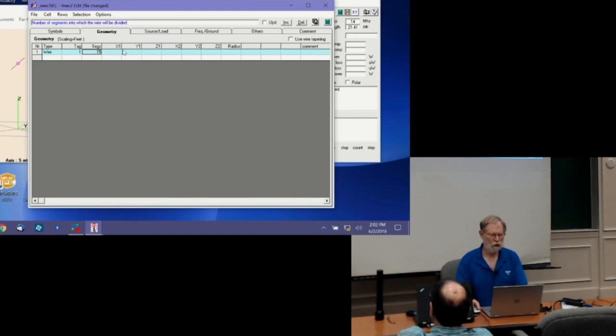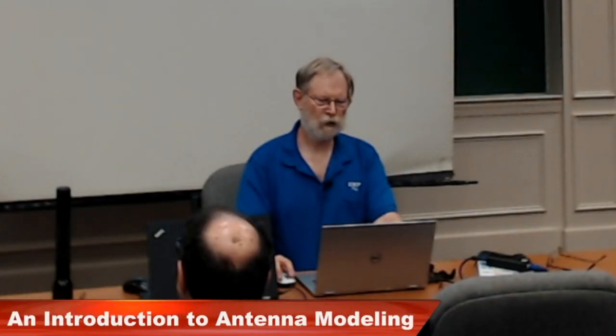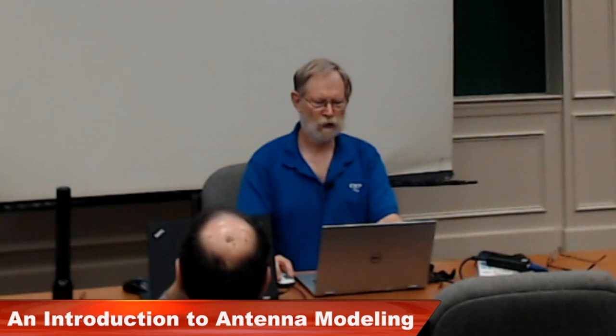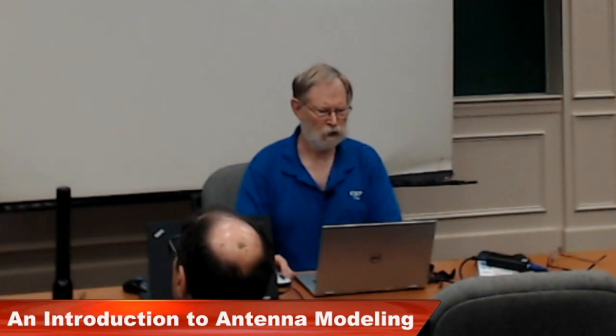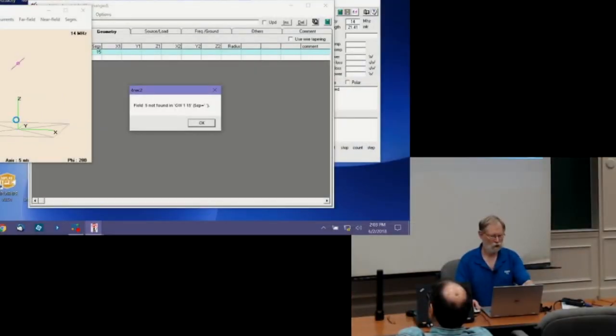And basically this is the coordinates in 3 dimensions of one end of this tag 1 wire. So if we look at the way it's going to define it, and it's giving me an error because I haven't finished that line, you can see that z is the height, and then x and y could be north and south versus east and west. It really doesn't matter what x and y are, as long as you keep them straight.